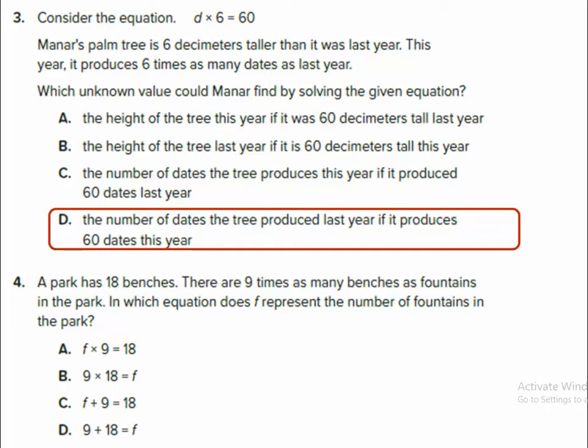In which equation does F represent the number of fountains in the park? Okay, 18 benches, and 18 is 9 times the number of fountains. So if F represents the number of fountains, it will be F times 9 equals 18.